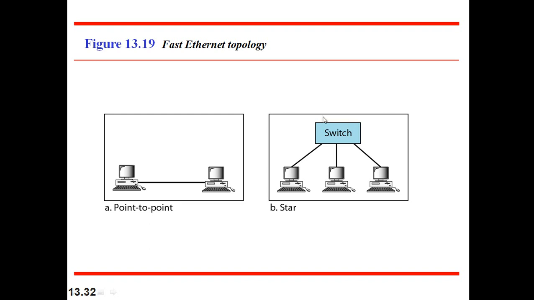Suppose I am using a passive device such as a hub. In that case, these devices communicate with each other in a half duplex mode. Here, we need a CSMA/CD mechanism that detects the collision over this hub. If I am using a switch, there is no need to use the CSMA/CD mechanism.